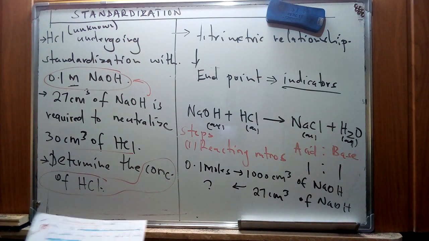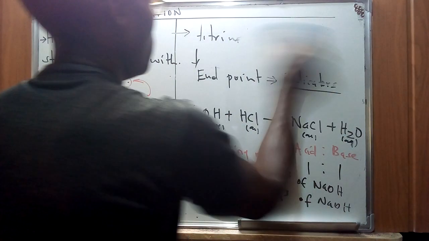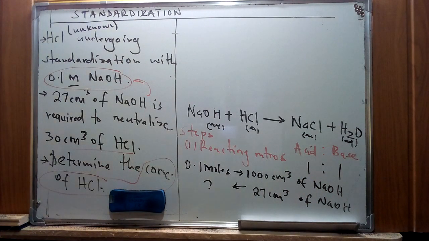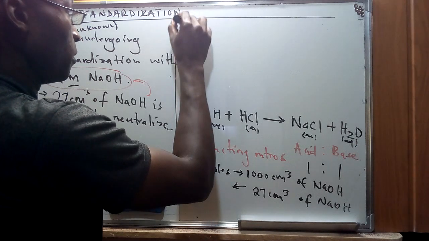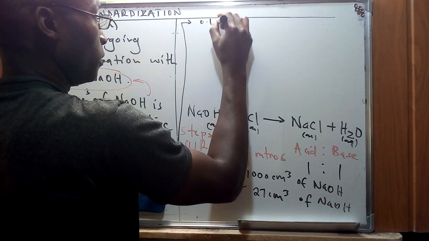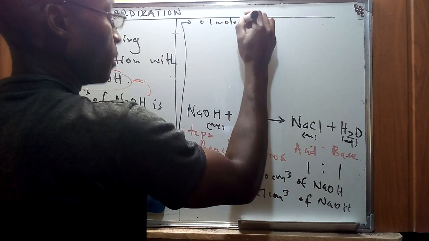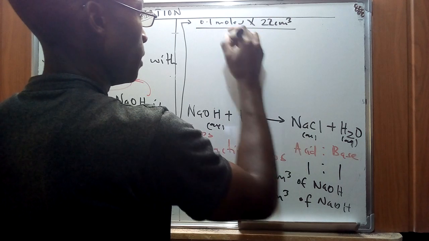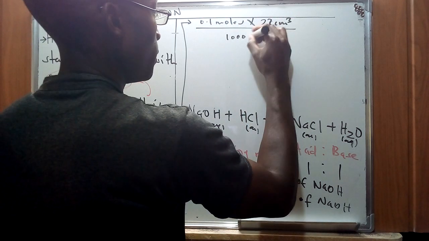So I'm going to do away with this part of the board so that we can use it. From this we give a relationship and start from here, saying this is 0.1 moles times 27 centimeter cubed divided by 1,000 centimeter cubed.